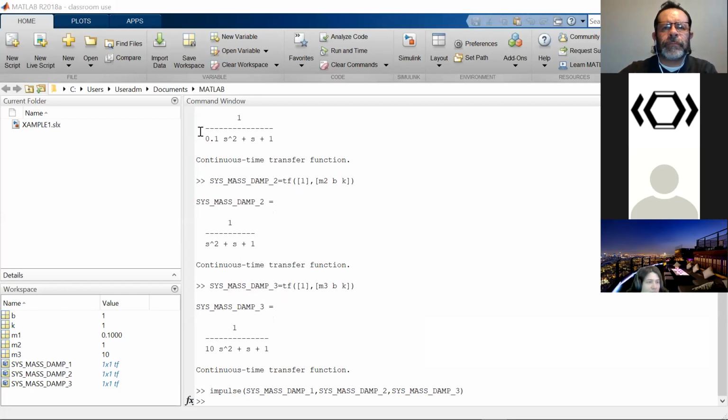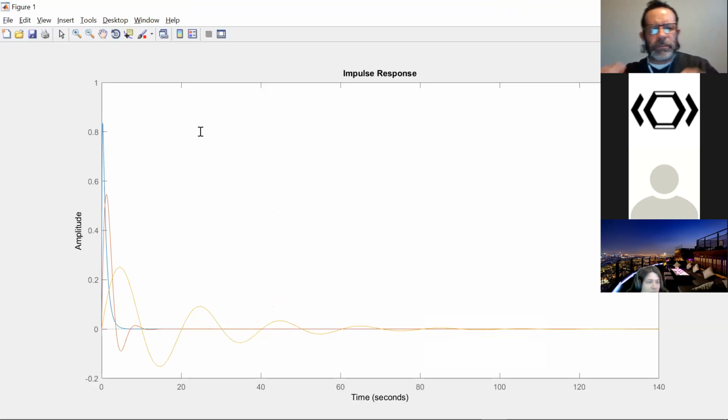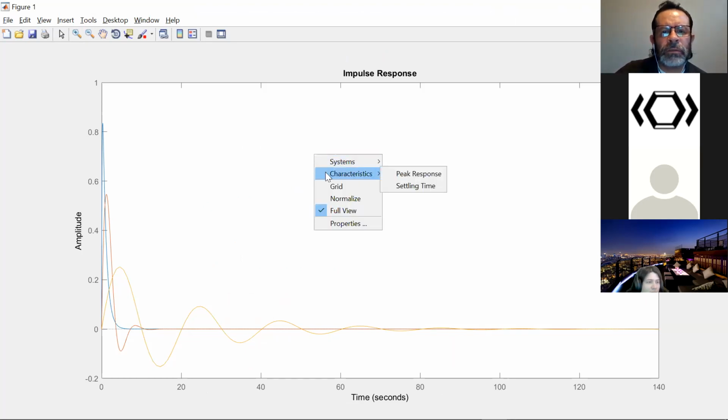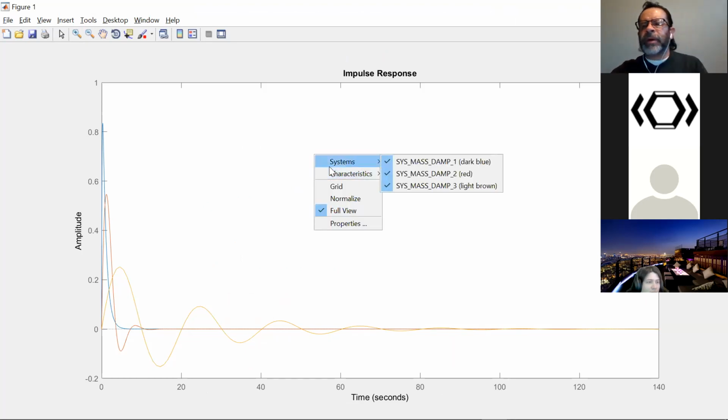Let me switch over here. And now we've got this. Let's see the color coding here. By the way, when you click the right mouse button, and here in systems, when you have more than one, you've got the color code.